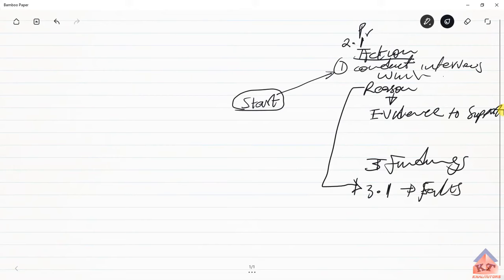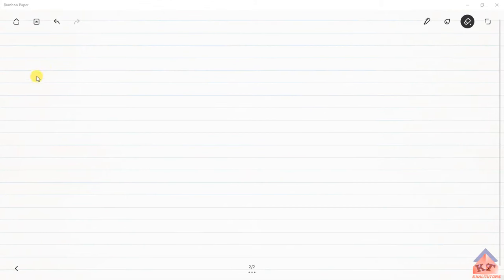So these two are linked, like we have explained previously. Depending on the information that you get here, you are going to take a decision as to what to do next.